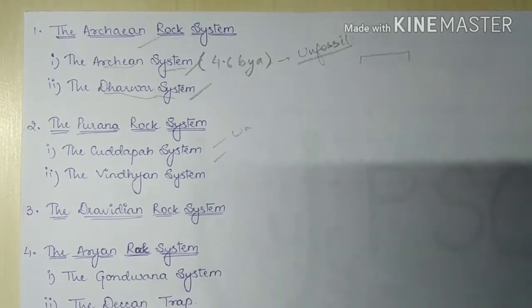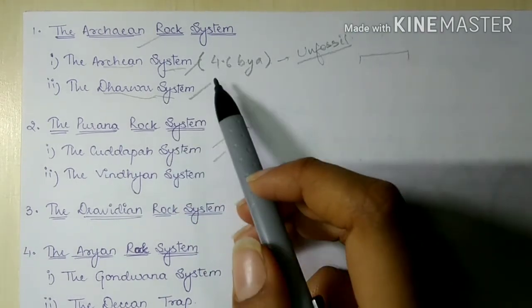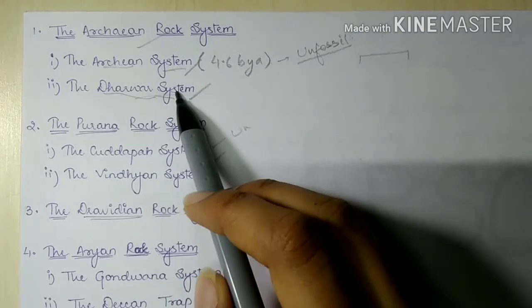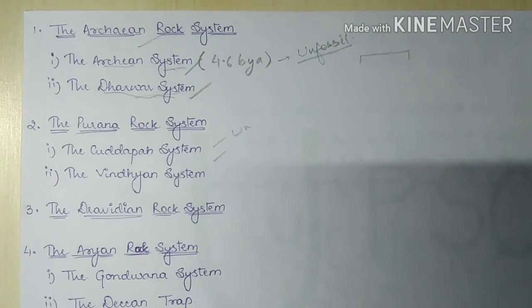The Cuddapah formation is named after the district Cuddapah in Andhra Pradesh, and they are sedimentary and metamorphic formations. Okay, so the sedimentation of the rocks started from the Dharwar system. During this time the life had started, but these rocks are largely unfossiliferous, because the life was just single-celled organisms.